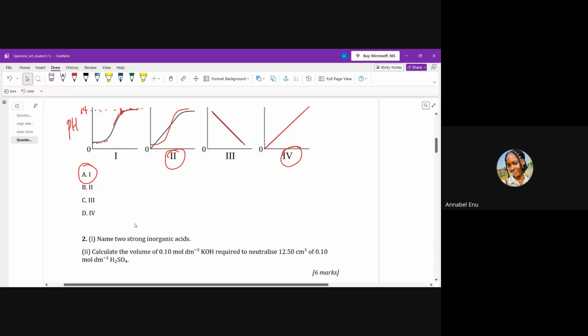Now, the next question says, name two strong inorganic acids. So let me hear from you all.